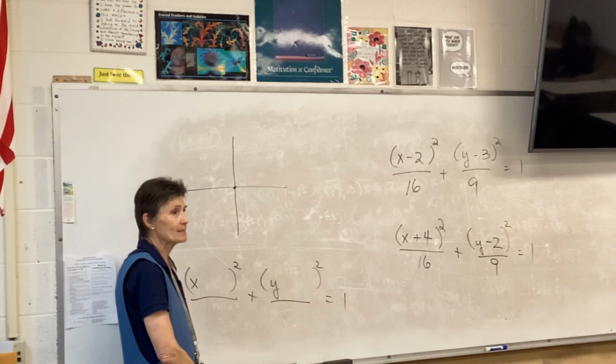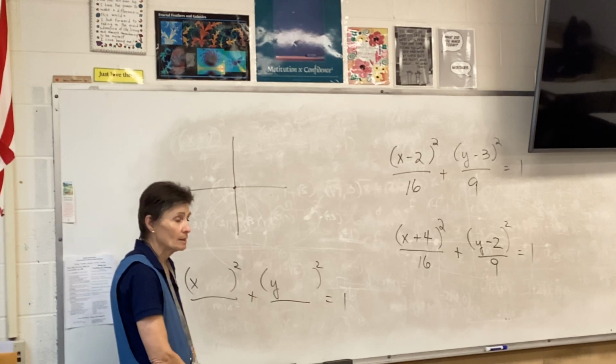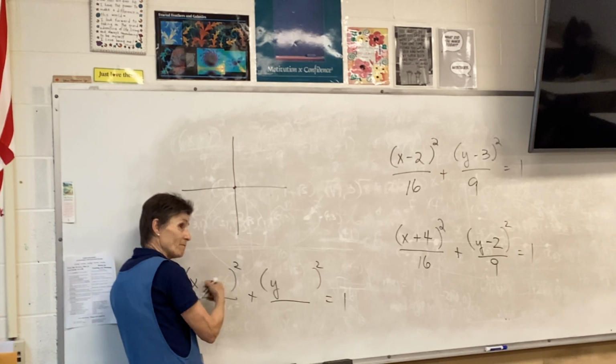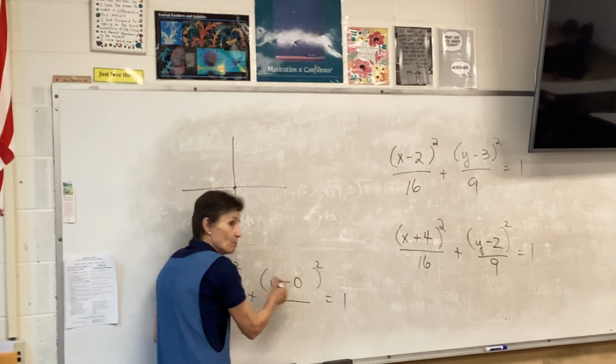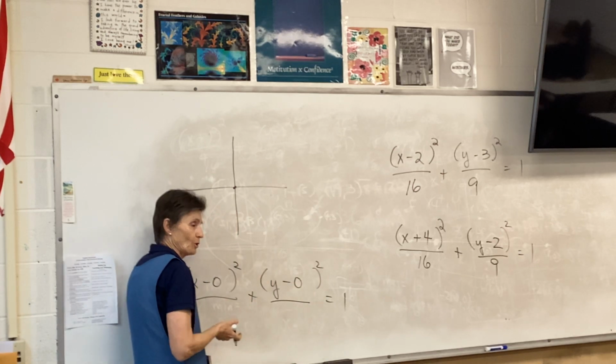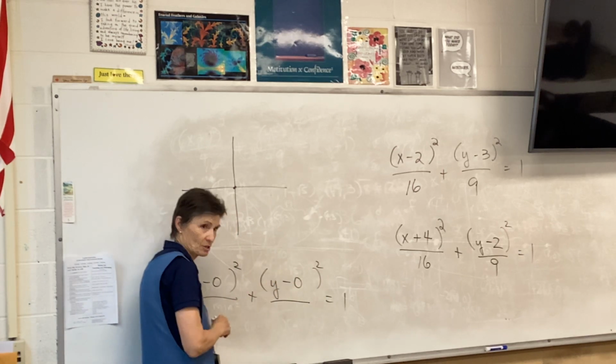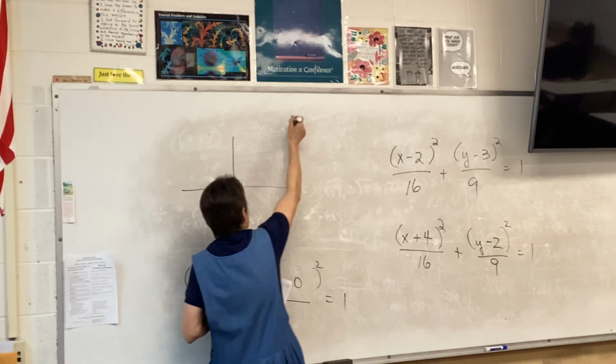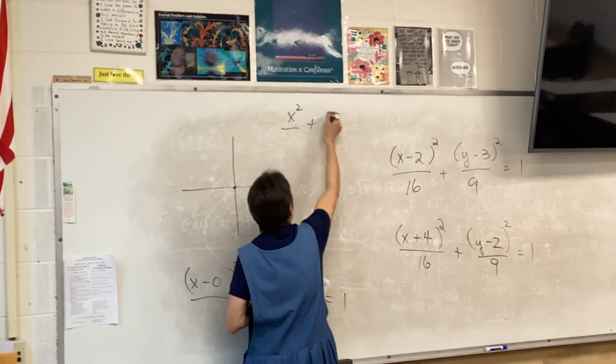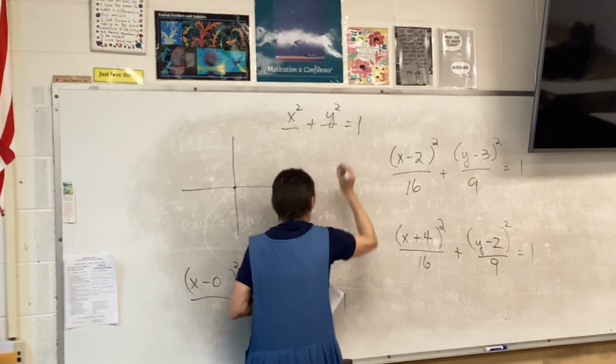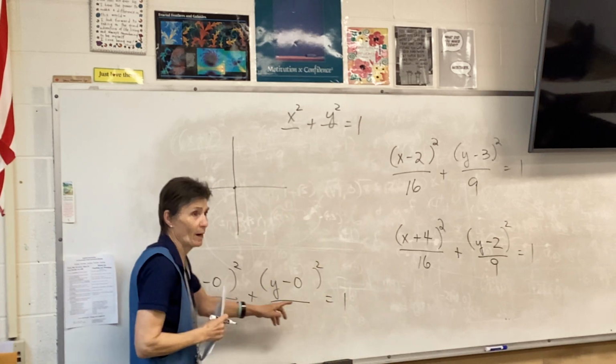If the center is at the origin, that means if I want to fill this in, I can put minus zeros in there. But what else could I do? Just plain X squared and plain Y squared. So that's up to you guys, whatever you are most comfortable with. It is perfectly okay either way.